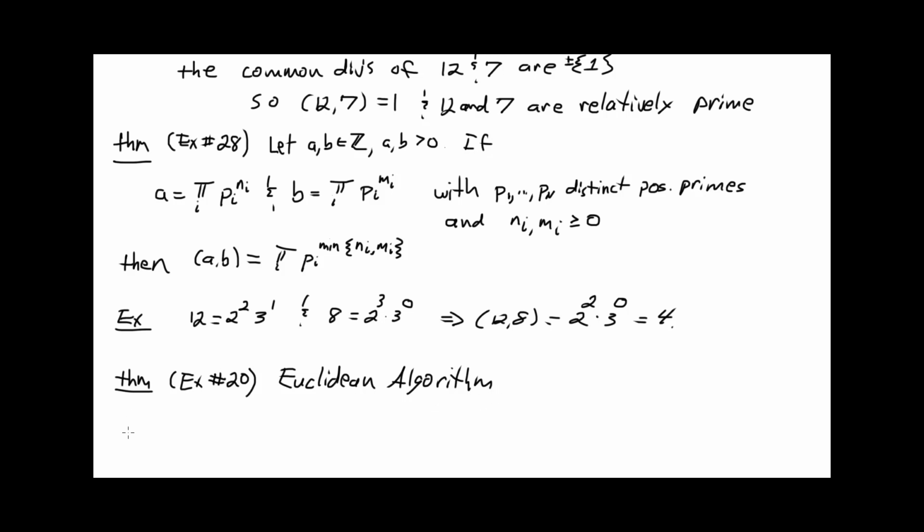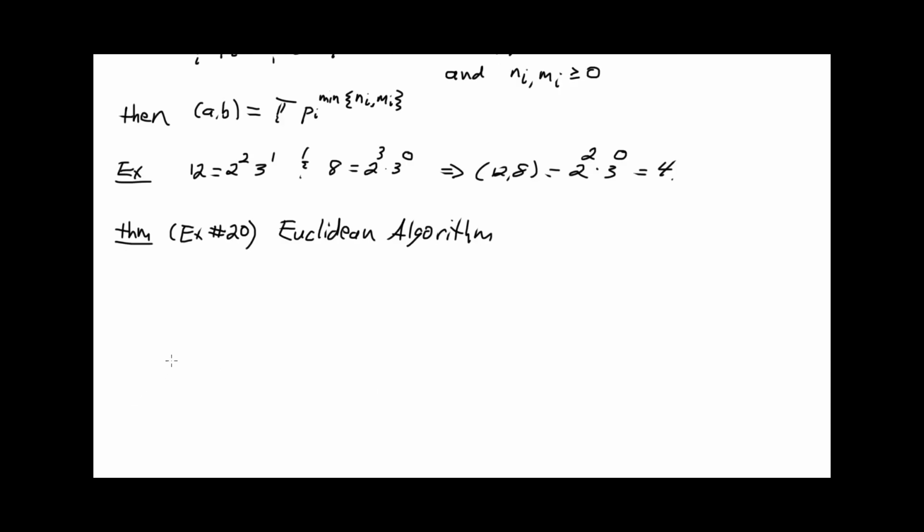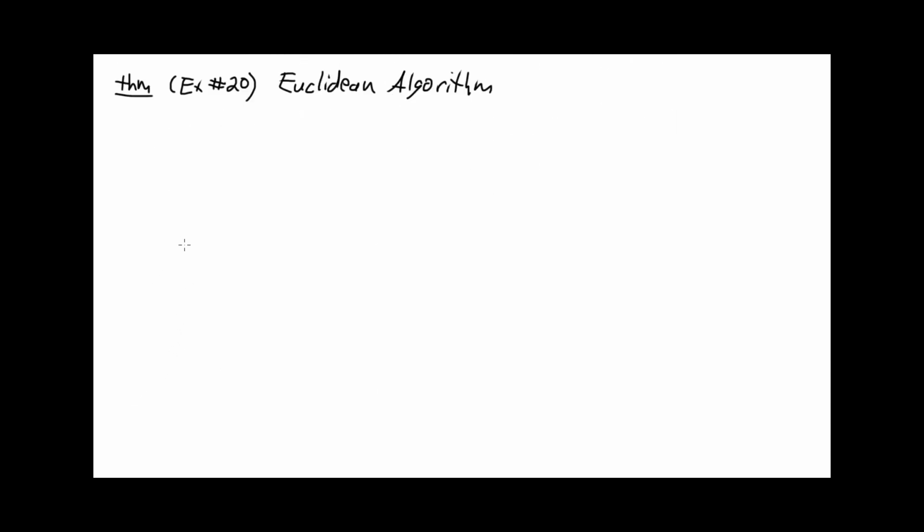All right, the result that we are going to use a lot initially is another description of the greatest common divisor. And even though greatest common divisors are all about products, what's powerful about this is it writes the greatest common divisor as a linear combination, so as a sum.